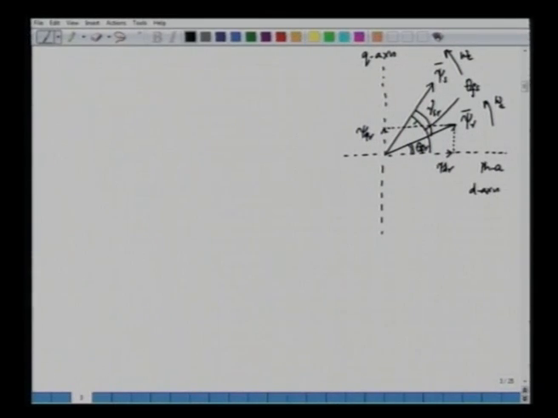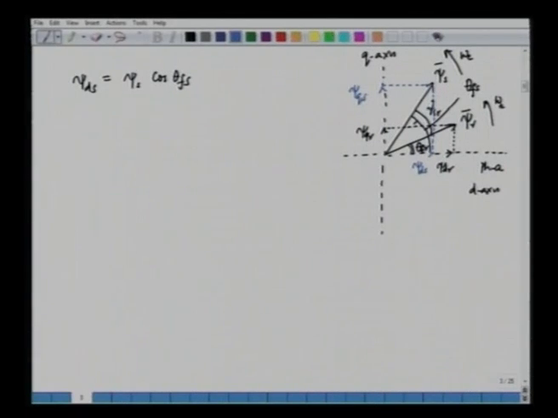So, if I am to write down the expression, psi ds is psi s into cos of theta fs. You can see that if I want to find out the projection of the stator flux along the D axis, this will be psi ds, and the projection of the stator flux along the Q axis will be psi qs.